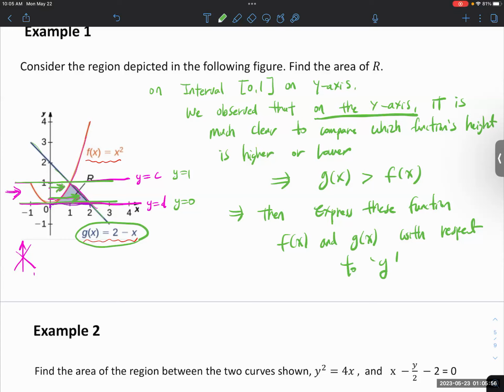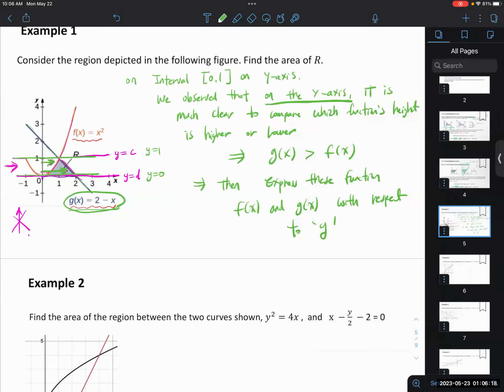So that's the background, because when you look at the interval based on the x-axis, it's hard to compare which one is higher and lower between f and g. When you look at the y-axis interval, it's much clearer. The purple function, the linear one, is higher than the quadratic all the time. So therefore, we're going to do that work.